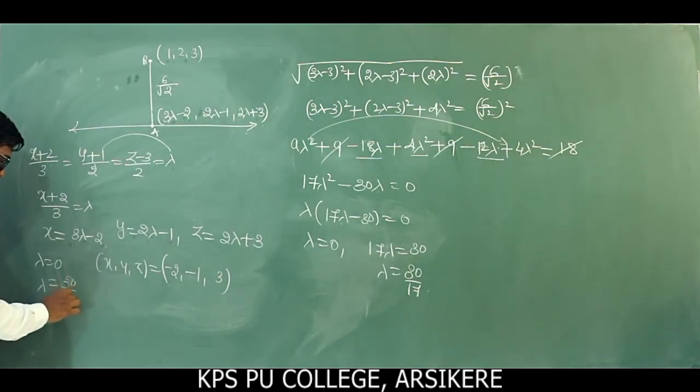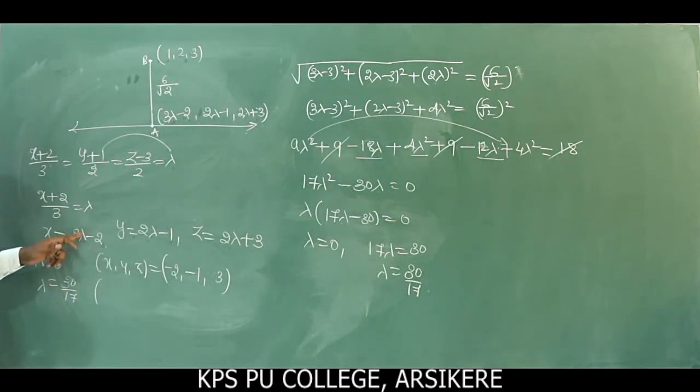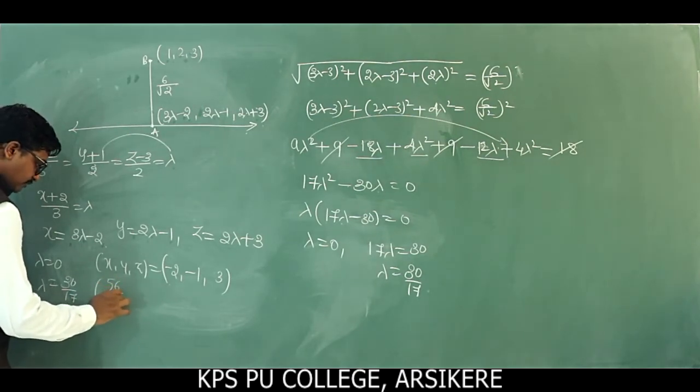30 divided by 17. Let's see what happens: 30 into 3 is 90, 90 divided by 17 minus 2, we get 34, 90 minus 34 is 56, that is 56 divided by 17 comma.